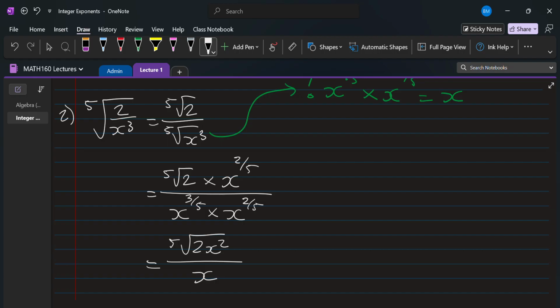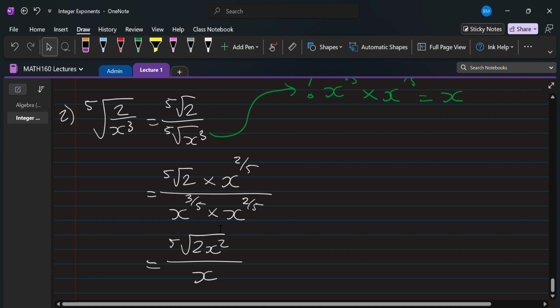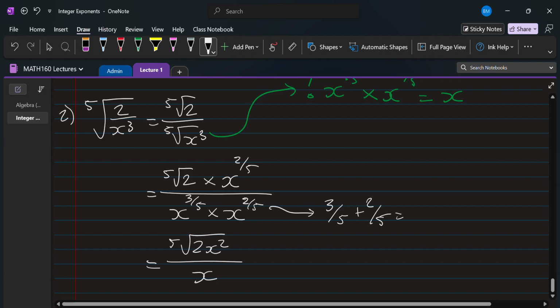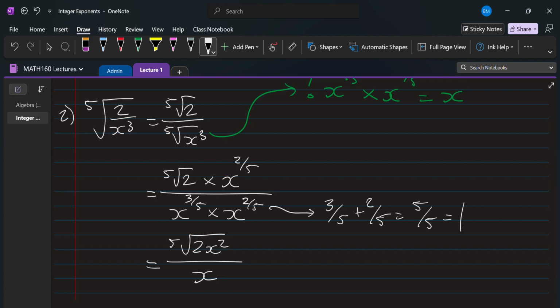We can write it as a radical again. X to the 2 over 5: the 2 means it's x squared, the 1 over 5 means it's the fifth root. So this is the fifth root of 2x squared. And then the 3 over 5 and the 2 over 5 just make 1. So we just get x. No more roots in the denominator. That's exactly what we wanted.